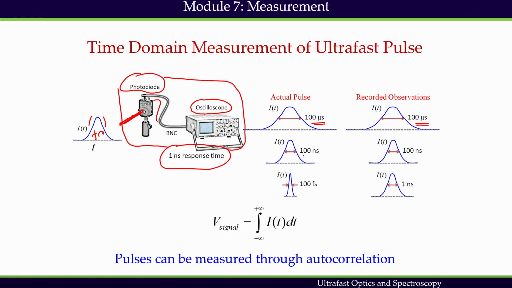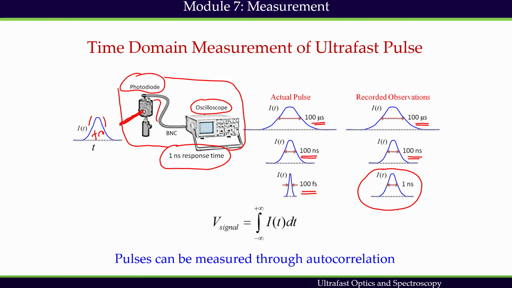But if we take 100 nanosecond pulse, then in the oscilloscope we will be able to see 100 nanosecond pulse as well. But if we take 100 femtosecond pulse and direct the beam to the photodiode, then what will be our observation? Our observation would be a nanosecond pulse, not a femtosecond pulse.